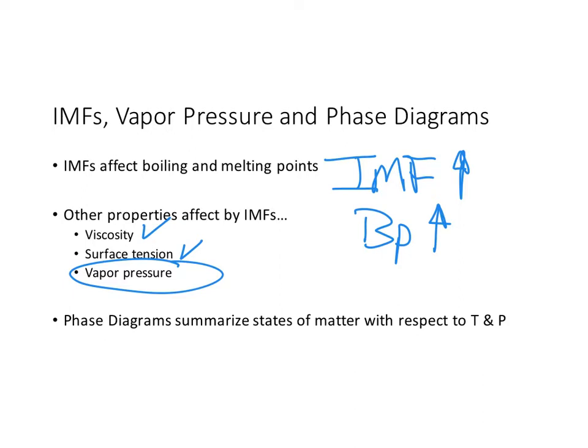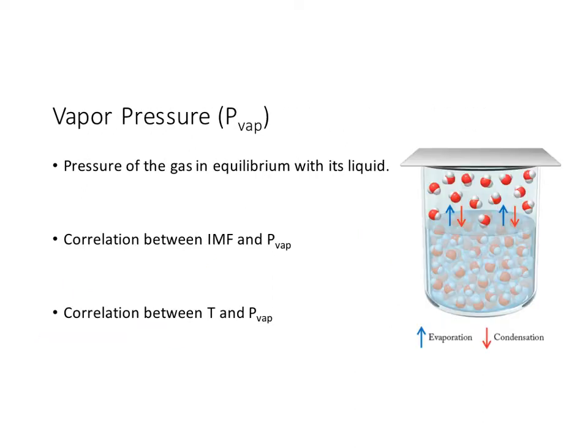With the other properties like boiling point and melting point, we have correlations, but we really didn't quantify the connections. With vapor pressure, we're going to do that. We're going to quantify the connection between vapor pressure and temperature. And we're going to spend some time in this video talking about some phase diagrams. So let's get right into it.